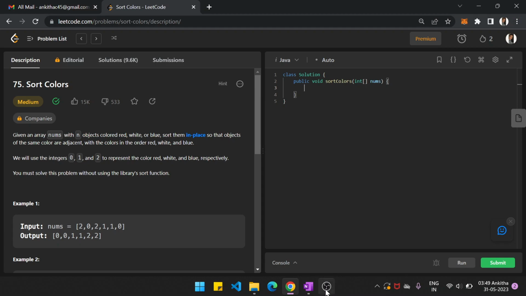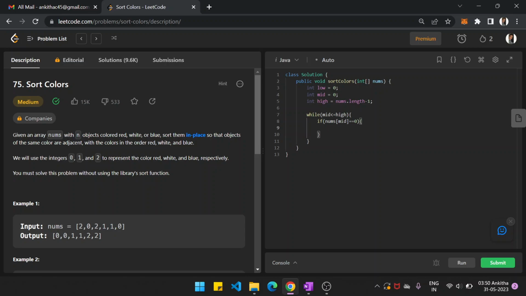So three variables we will have: int low equal to 0, then int mid equal to 0, int high equal to nums.length minus 1. Now while mid is lesser than or equal to high, check if nums of mid is equal to 0.